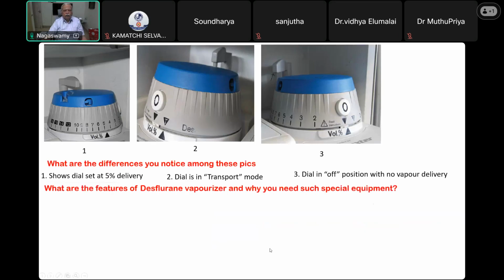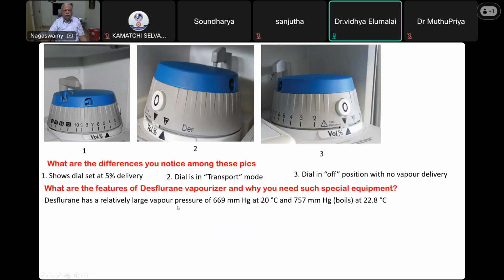What are the features of the desflurane vaporizer and why do you need such special equipment? It has a very low boiling point and high saturated vapor pressure: 669 millimeters at 20 degrees centigrade and 757 at 22.8.